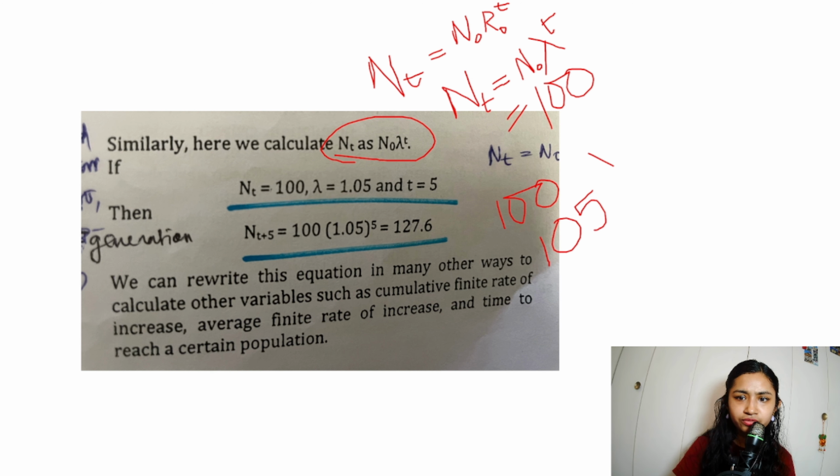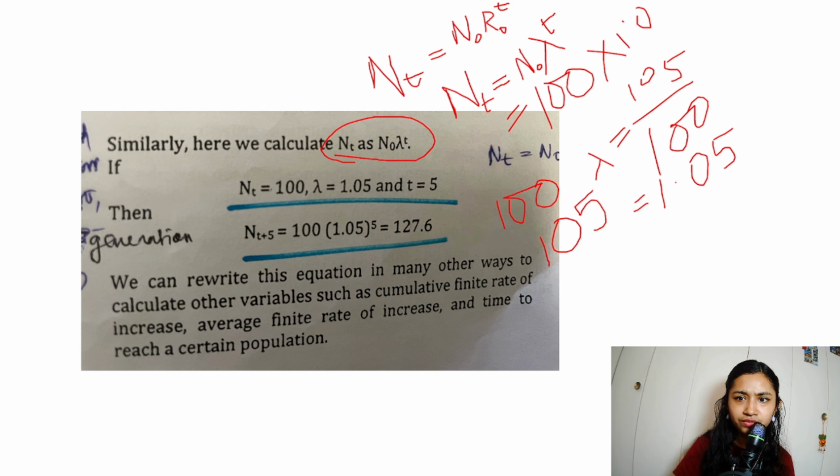Now you have to take out lambda. Lambda is equal to N1 by N0. So 105 divided by 100 gives us 1.05. You have to put this 1.05 into the equation. So 100 into lambda, which is 1.05, to the power t, and t is 5.